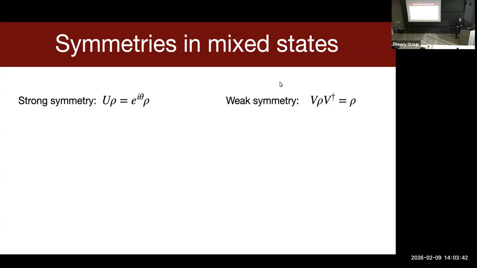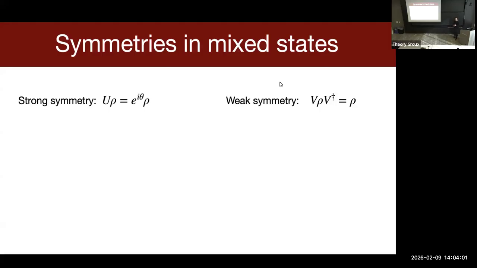That's a good point. So why is this still a density matrix? Yeah, so that's right. The strong symmetry may not turn a density matrix into a density matrix. It could turn it into a density matrix up to a phase.